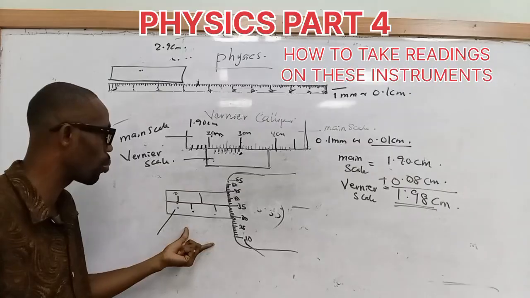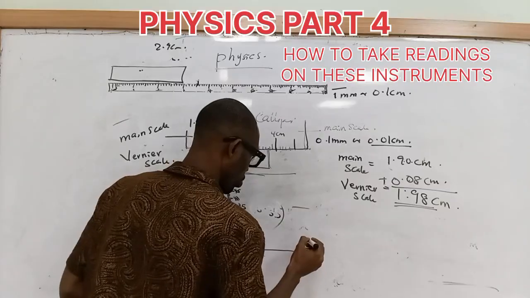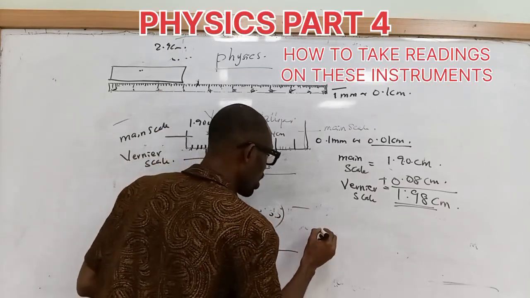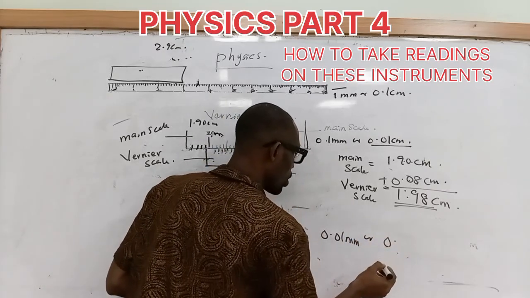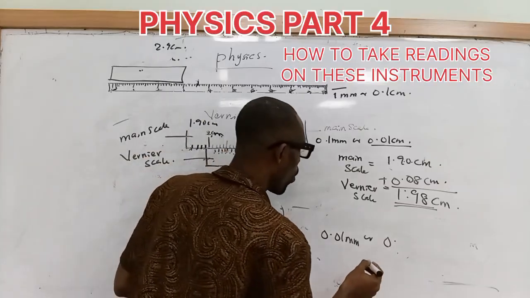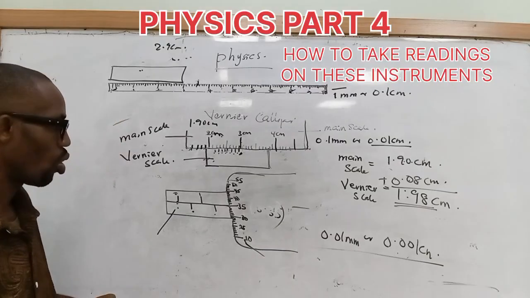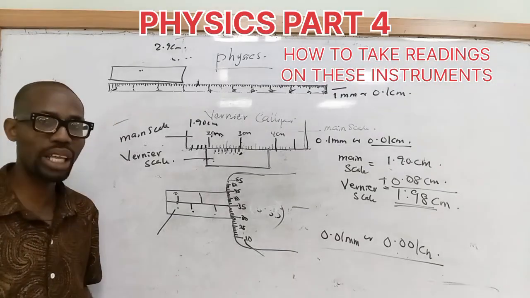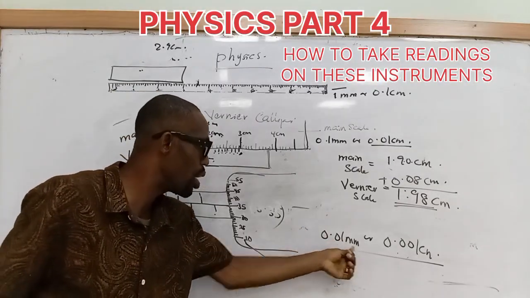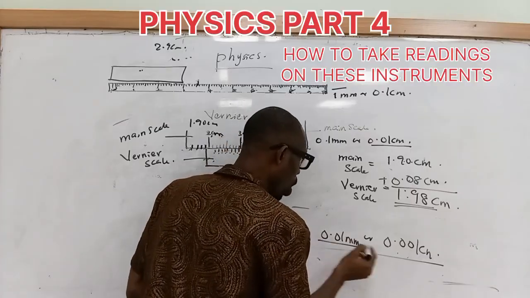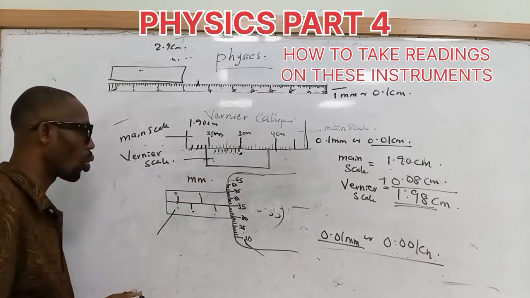But before I tell you about it, I'd like you to know that the smallest division of the micrometer screw gauge is 0.01 millimeter, or 0.001 centimeter. This question is in millimeter. So it's in millimeter.